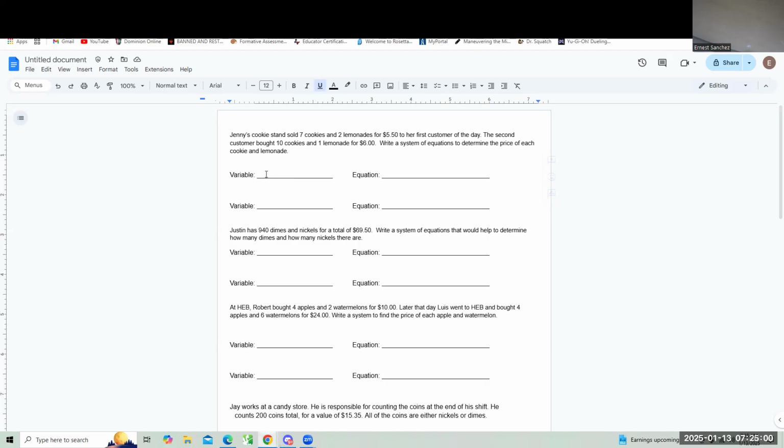Now on your assignment, it's going to say something like, let me type it in here. It's not going to be on your notes, but let me show you so you can get used to it. It'll say something like let cookies be represented by X, the letter X, and let lemonade be represented by Y. Now, it doesn't seem important, but it kind of is, because when we start graphing this, letters like A, B, C aren't going to work when you're typing it in the calculator for a graph.